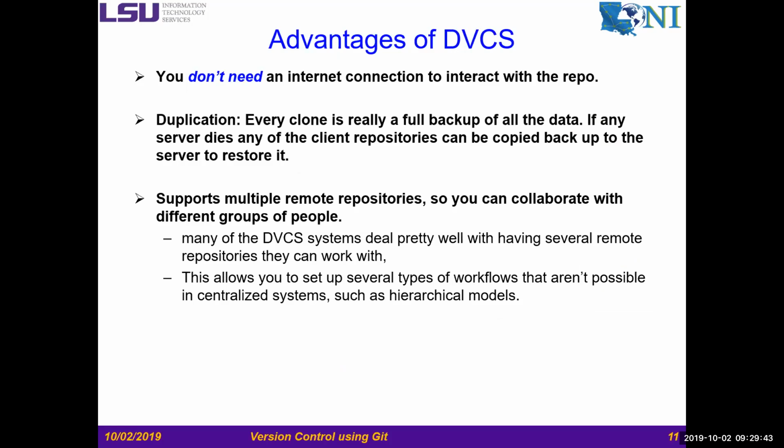The advantage of using a DVCS, distributed version control system, is that you don't need an internet connection to interact with the repository. And every clone is a real full backup of all data. If your server dies, you still need to work with Git. You don't have the excuse of stopping work. Even if it's flooding, as long as your laptop is alive, you still need to work. Okay, this is a disadvantage for employees.